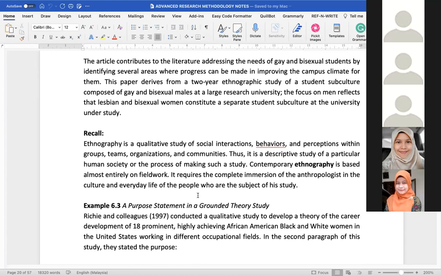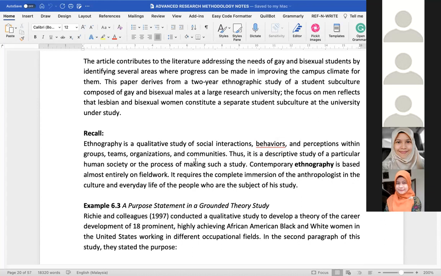So recall that ethnography is a qualitative study of social interactions, behaviors, and perceptions within certain groups or certain ethnics, within teams, organizations, and communities. Thus, it is a descriptive study of a particular human society or the process of making such a study.